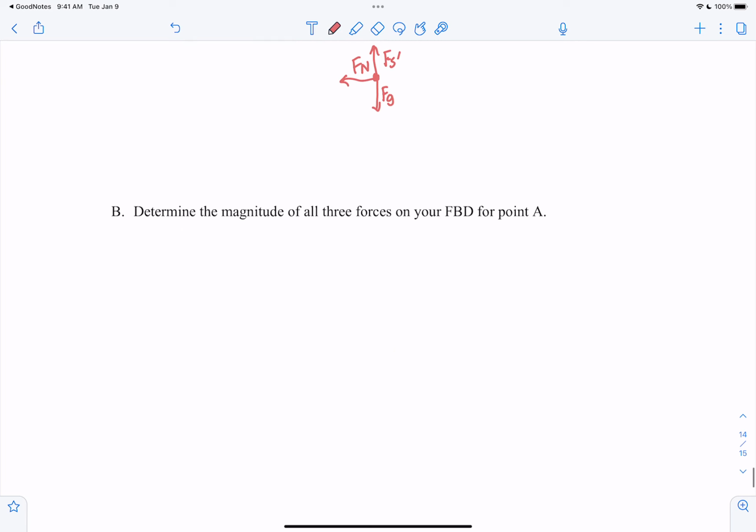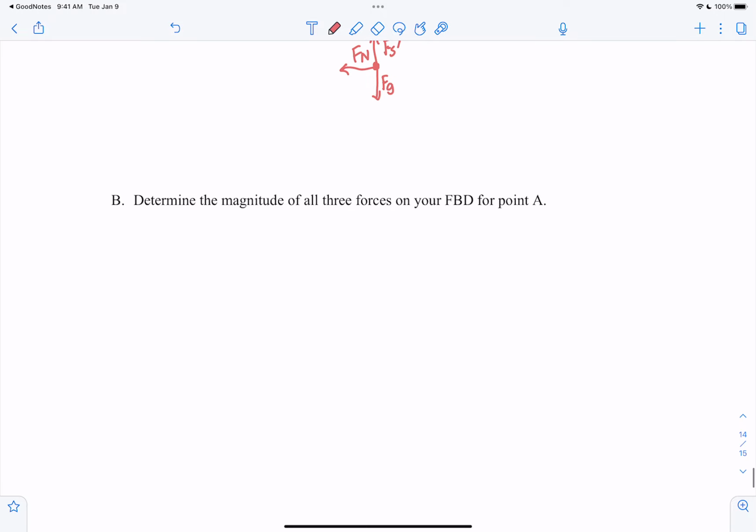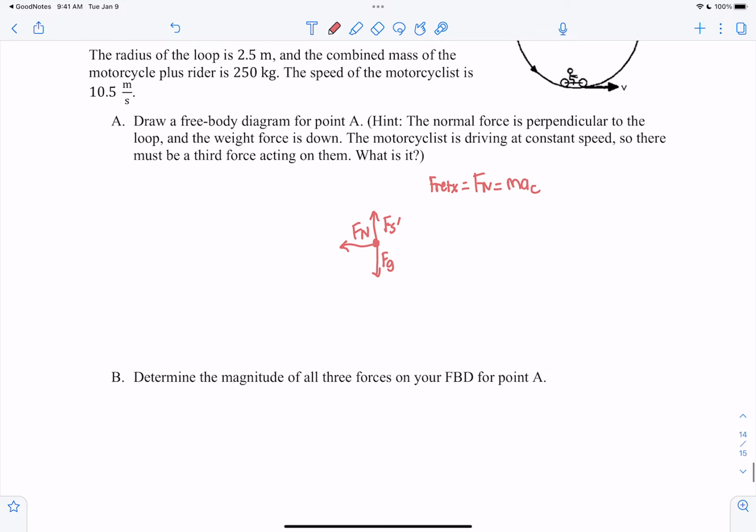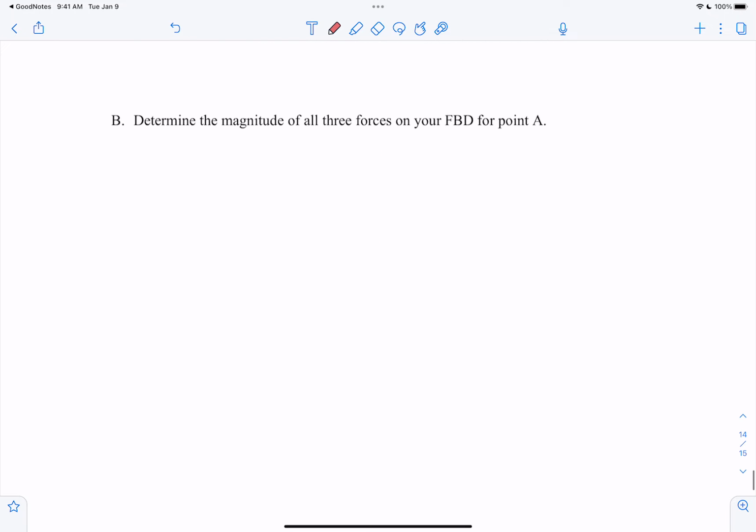Now they're asking us to determine the magnitude of all three forces on our free body diagram for point A. So we're trying to figure out Fs, Fn, Fg, right? For normal force, we know that it is going to be the only force factoring into our centripetal force. So F net is equal to m a_c, which is mv squared over r, which is equal to the normal force.